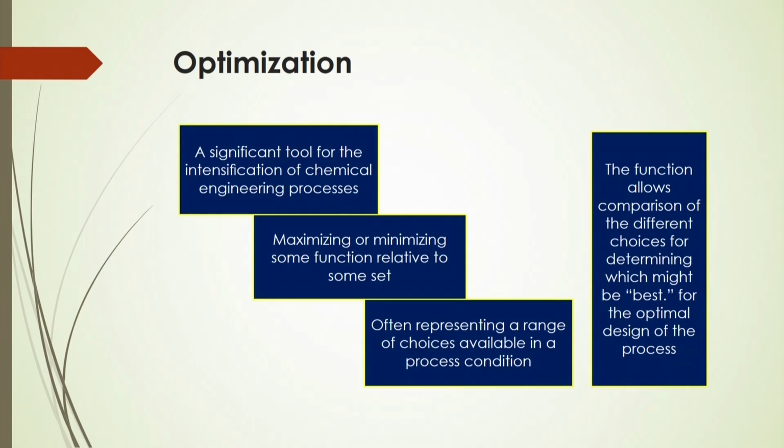So, what are the variables to be taken for the analysis of the process, and based on which the design should be further considered. Whatever functions are considered based on the operating conditions, those functions will allow the comparison of the different choices for determining which might be best for the optimal design of the processes.